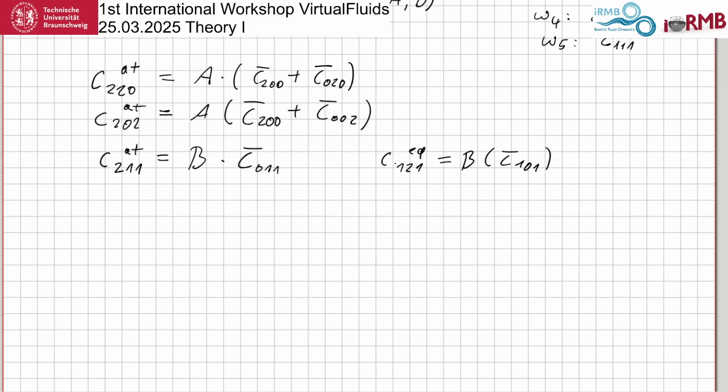And now what you could try is to solve G1 equals G2 equals G3 equals G4 equals G5 equals 0. Okay, you can try this. You find this doesn't work very well.